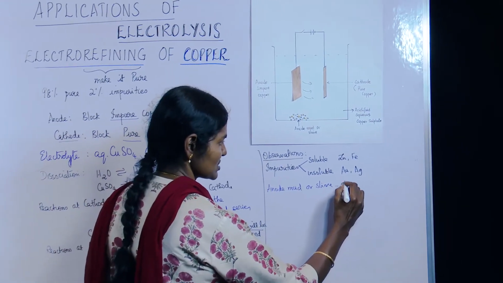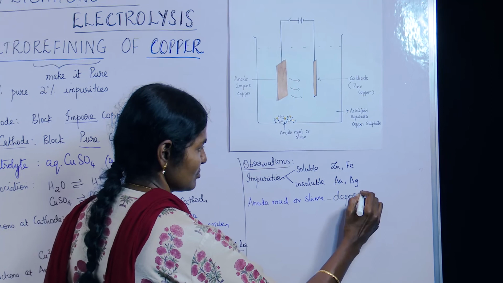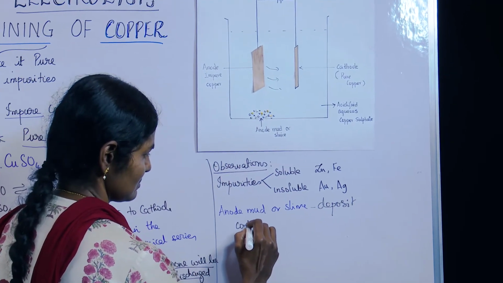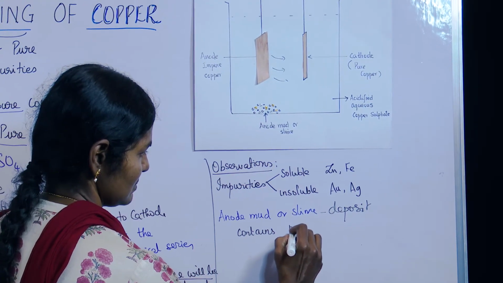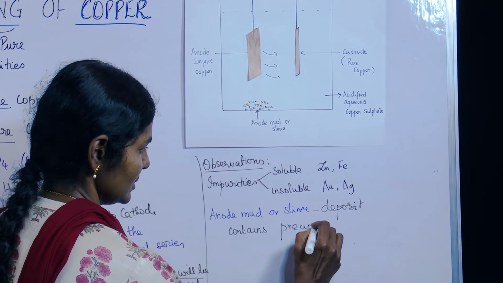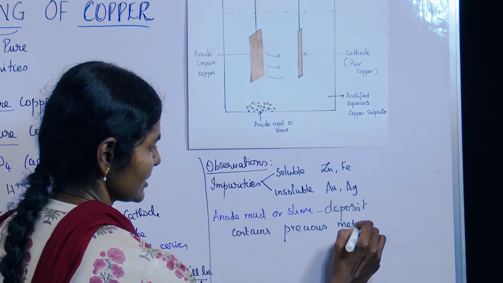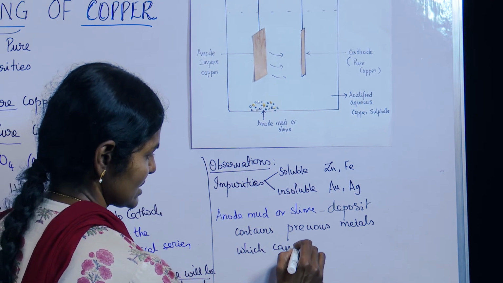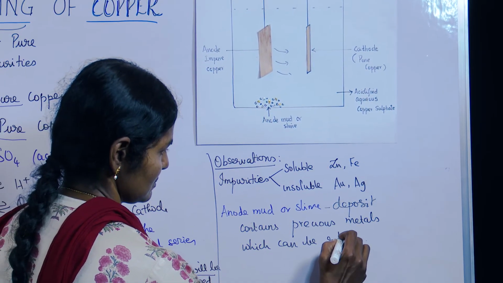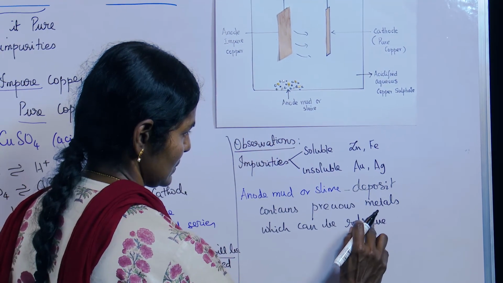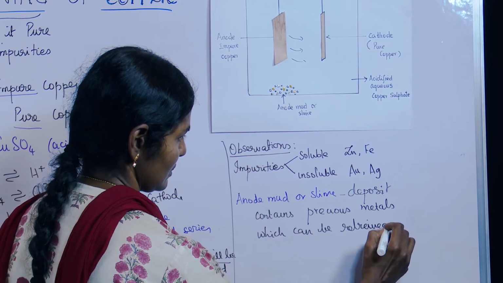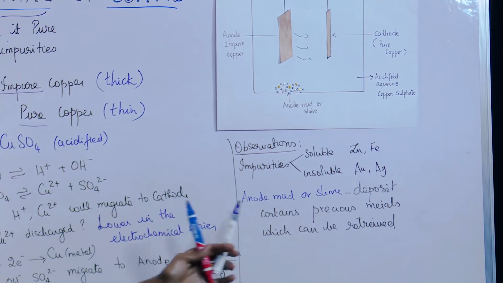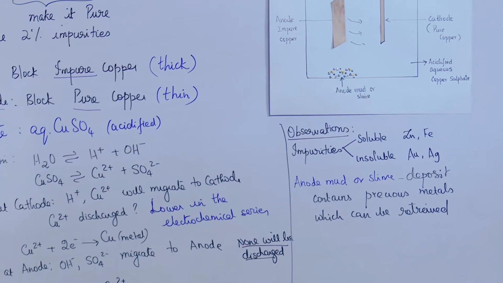This deposit contains precious metals like gold and silver, which can be retrieved. So it does not go waste. That is the advantage of anode mud or slime.